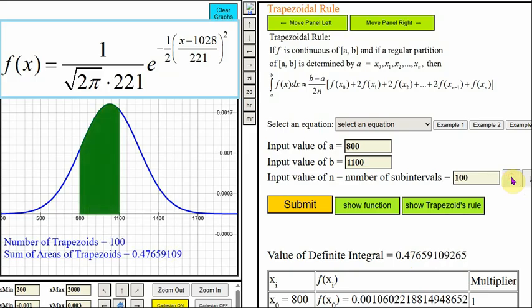The more trapezoids, the better the approximation we'll get. And so the percentage of SAT scores between 800 and 1100 will be about 47.65% here.